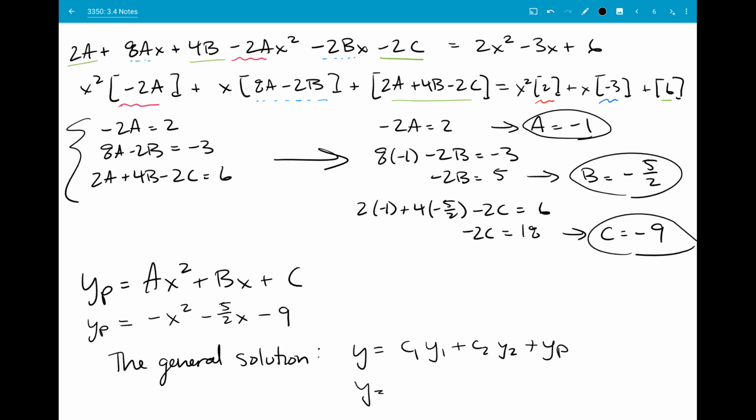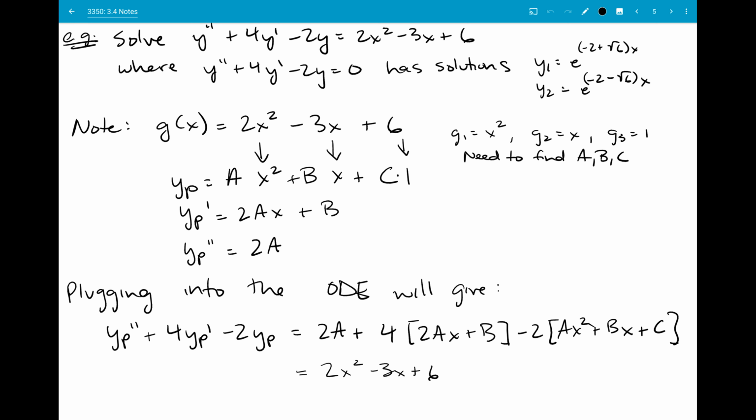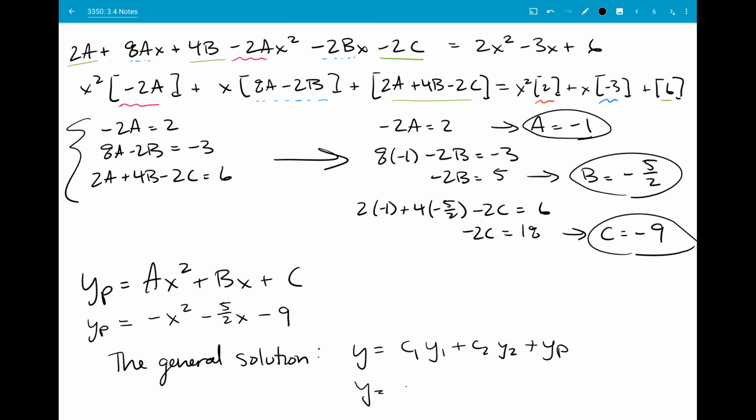So that's going to be minus 2 plus or minus root 6. Y equal to c1 e to the minus 2 plus root 6 x plus c2. Actually, I'm not going to have enough room there. Y equal to c1 e to the minus 2 plus root 6 x plus c2 e to the minus 2 minus root 6 x.